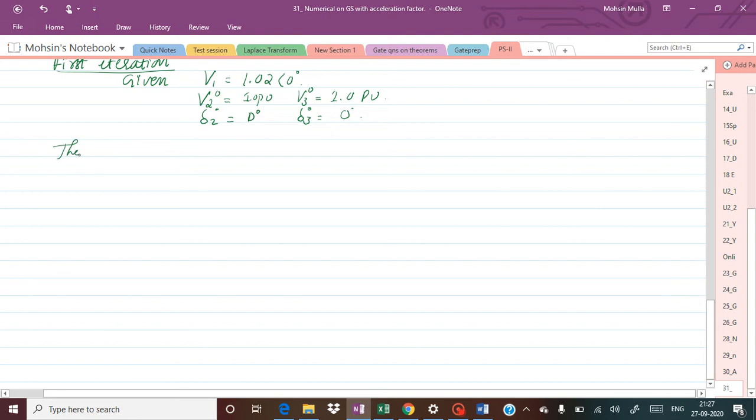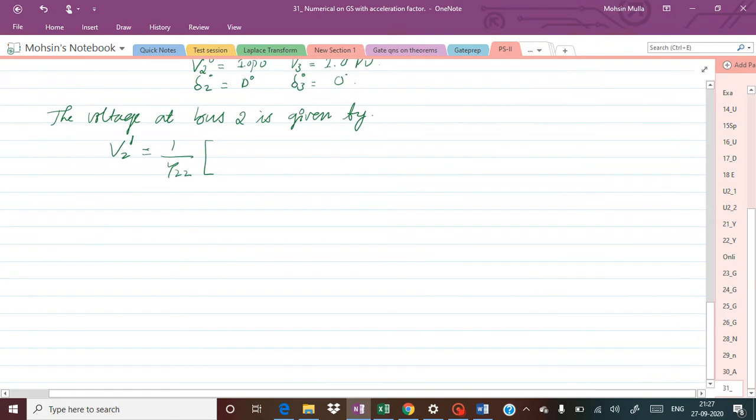Okay, now the voltage at bus 2 is given by v2 of 1. First iteration is indicated as 1, so v2 of 1 equals 1 divided by Y_ii, which is 1 upon Y22, times P2 minus jQ2 over v2 of the r-th iteration.